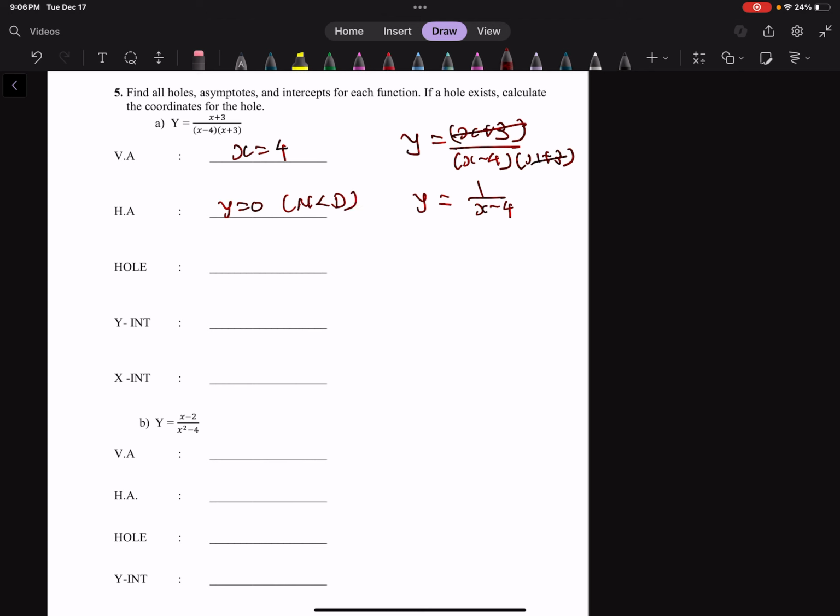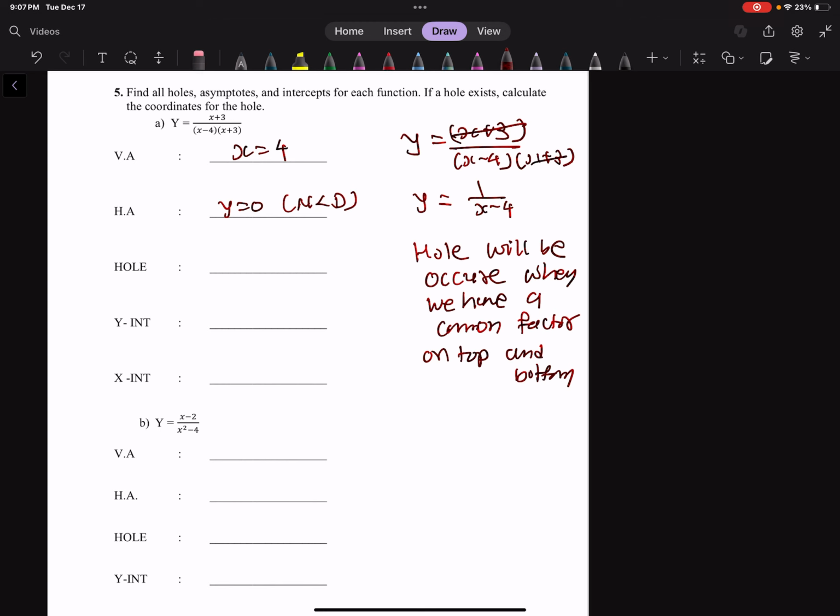A hole will occur when we have a common factor on top and bottom.